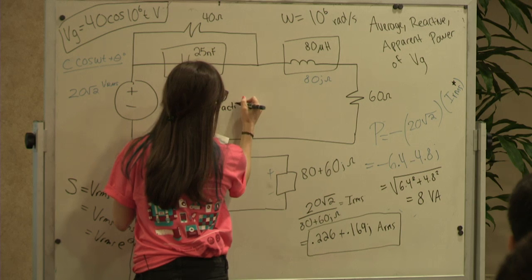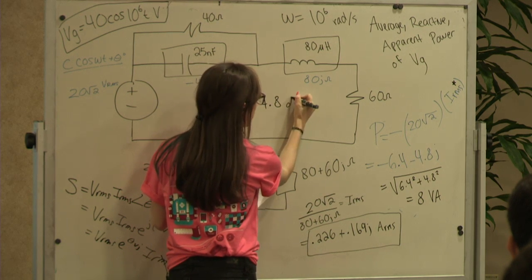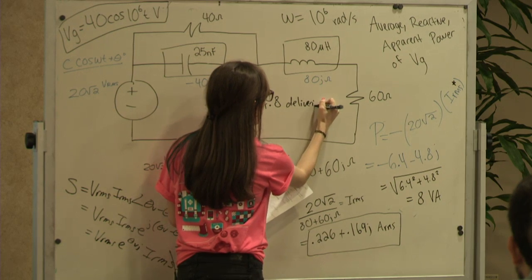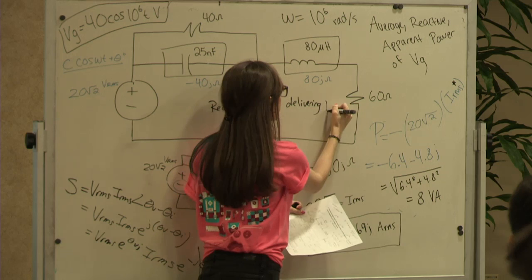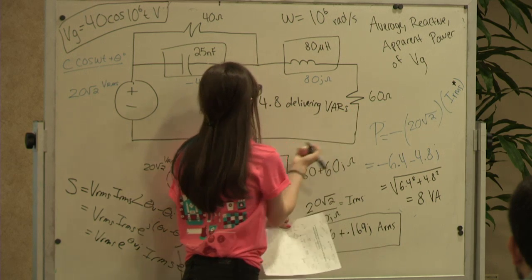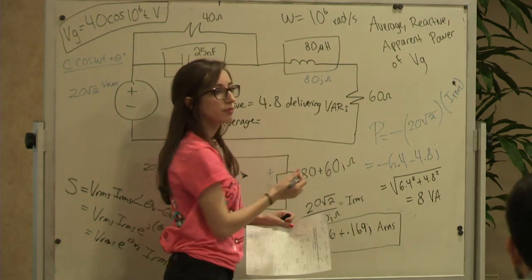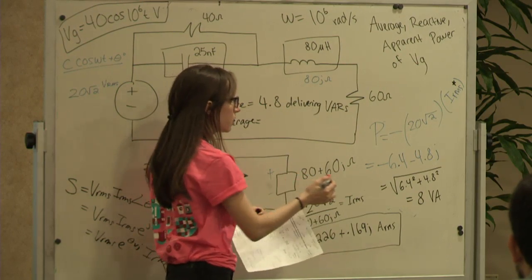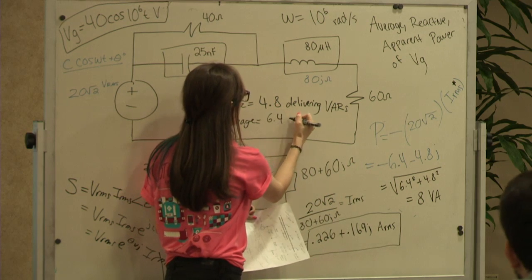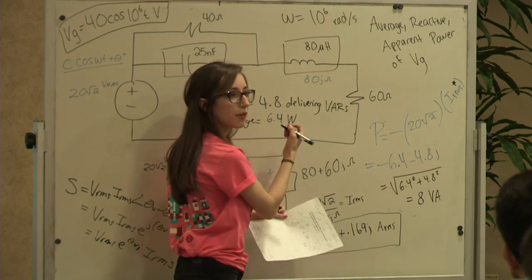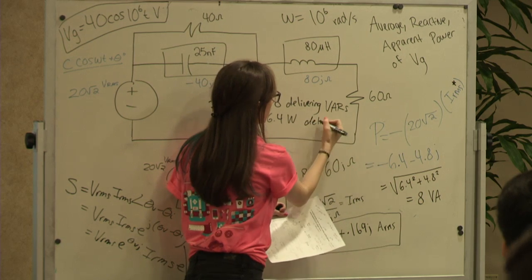So reactive equals 4.8 delivering, and that's going to be VARs, right? That's the unit for that. And then average is just going to be the real component. So 6.4 watts. 6.4 watts delivering because of the negative sign.